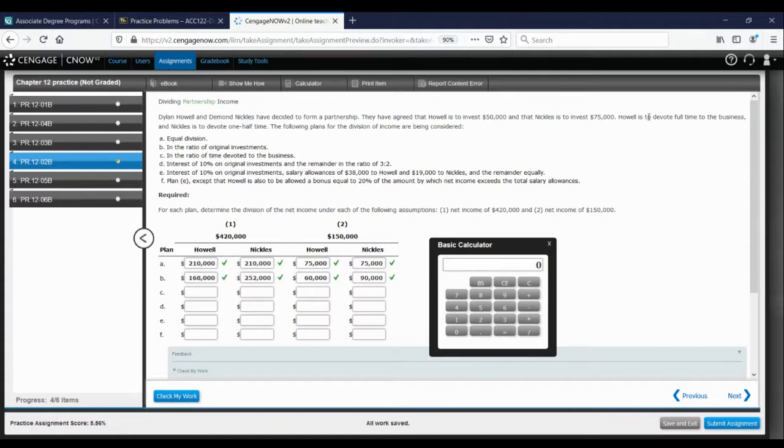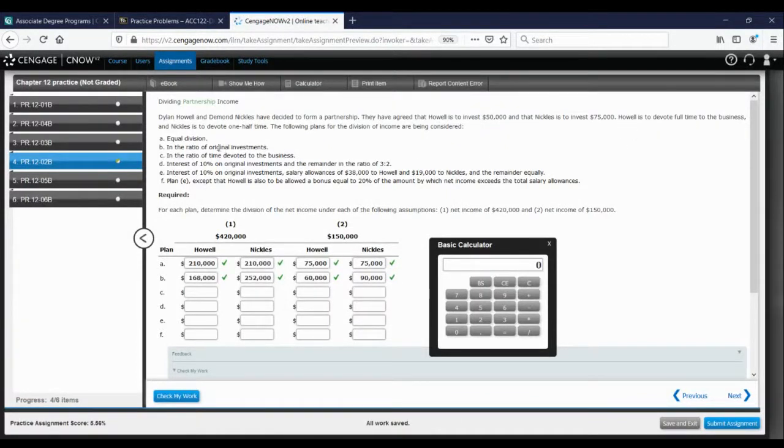So we could create a ratio out of that information, which would state that Hal would spend twice as much time as Nichols in the partnership. So 2 to 1 is the ratio. We could also make this into fractions. If the ratio is 2 to 1, then Hal would get 2/3 and Nichols would get 1/3.